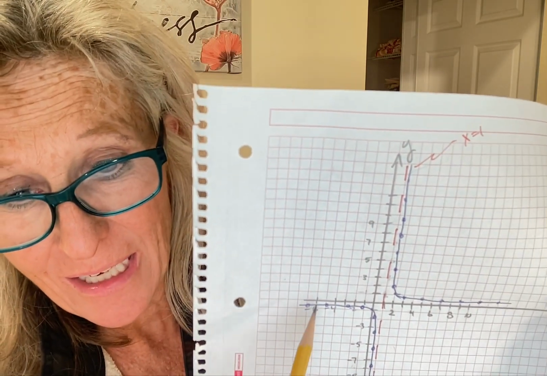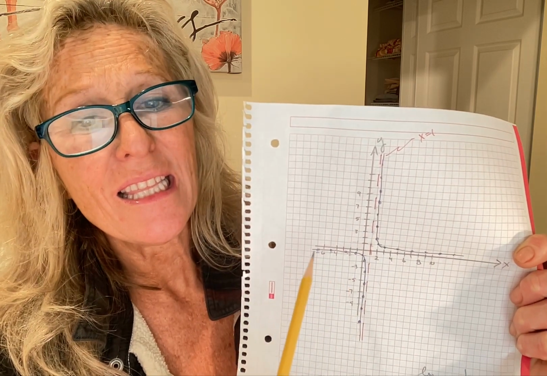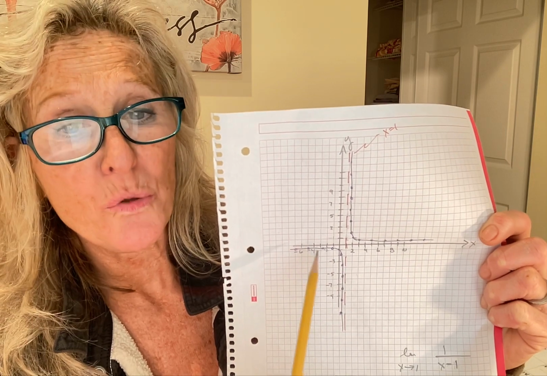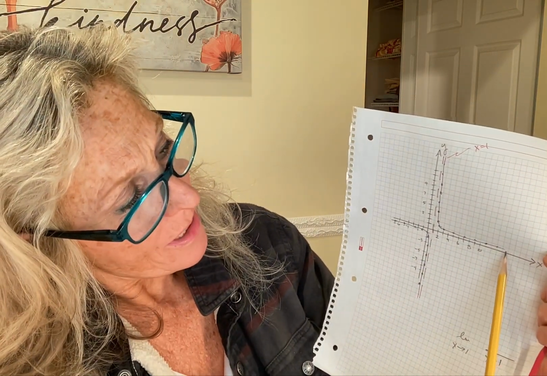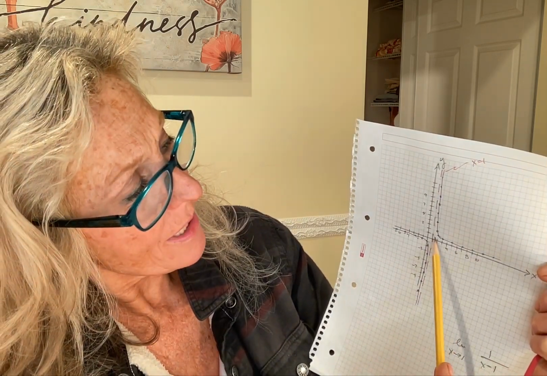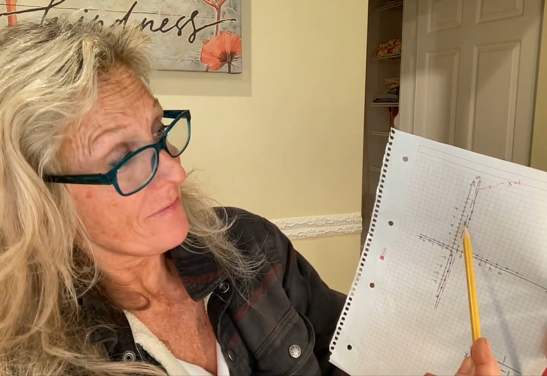And the function is the blue dotted line. This is as x approaches 1 from the negative side, and then this one is as x approaches 1 from the positive side.